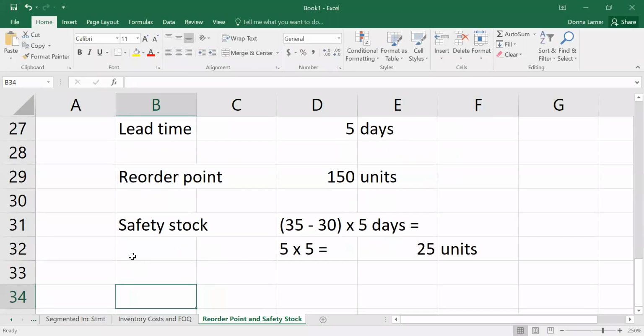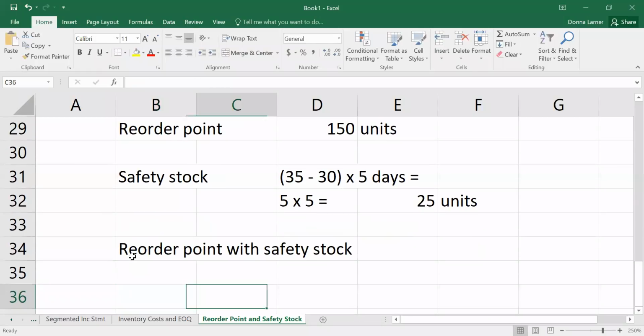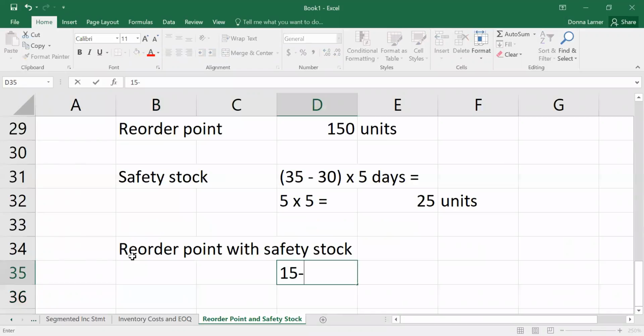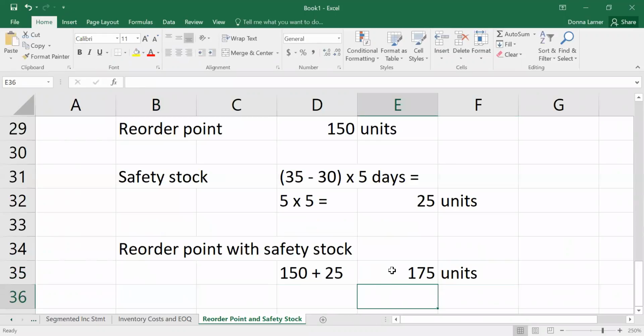So we want a safety stock of 25 units. So the reorder point with safety stock is 150 plus 25 for a total of 175 units. So to be extra careful, we're going to reorder when the inventory gets to 175.